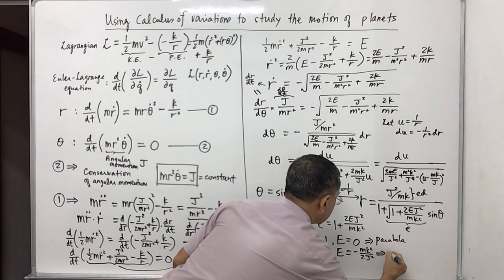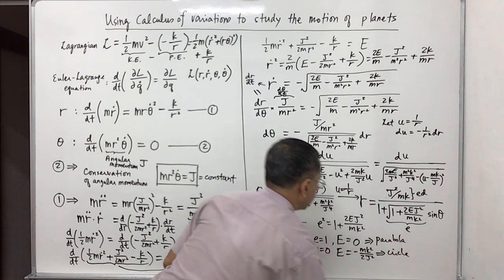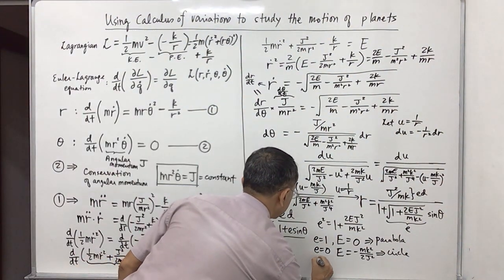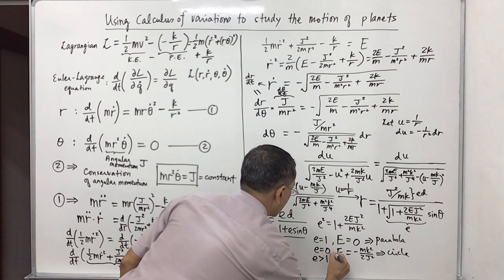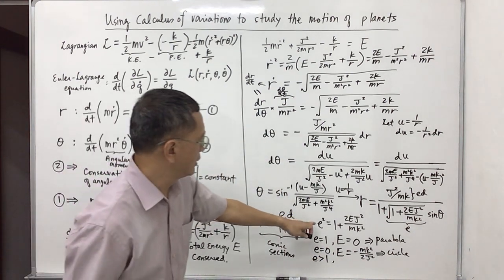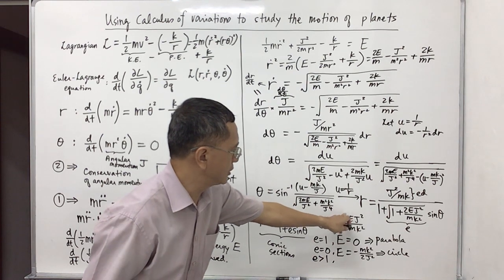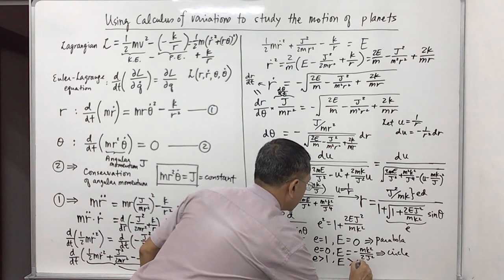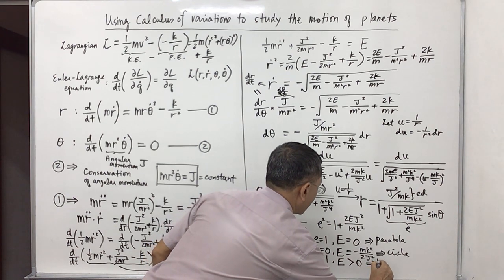And that's a circle. And what happens if you have e that is more than 1? Well, when e is more than 1, this must be a positive quantity, so we can conclude that the energy is a positive number, and that will give us a hyperbola.